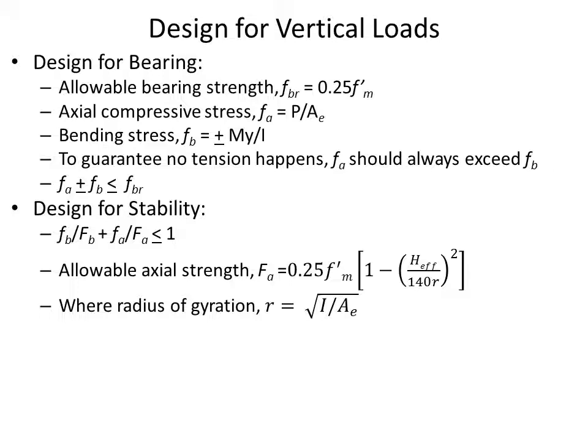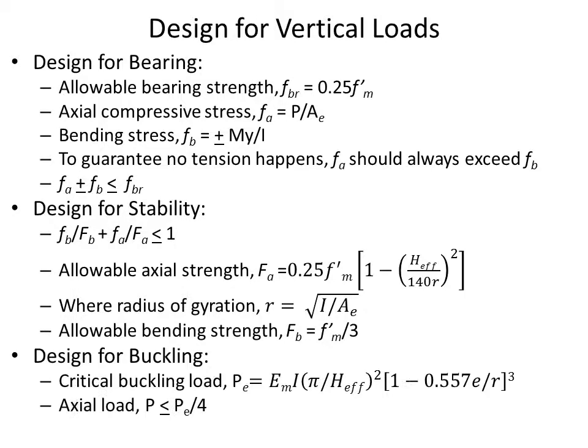The r is the radius of gyration, which is simply the square root of I over A effective. This will also take us to the allowable bending strength, capital Fb, which is F'm over 3. So simply you are having the ratio of bending plus the ratio of axial stresses. If they sum up to less than 1, that means that this structure will not fail due to stability.